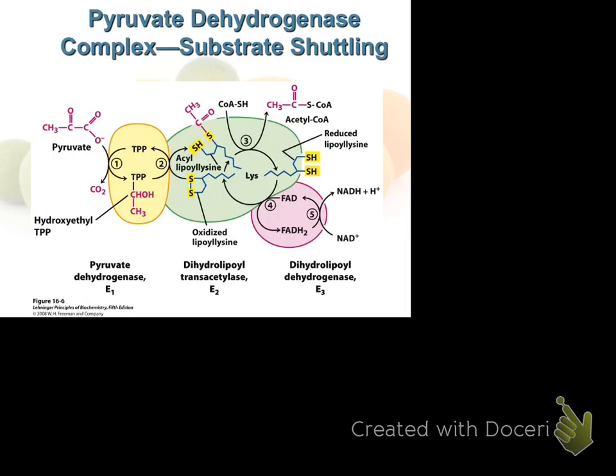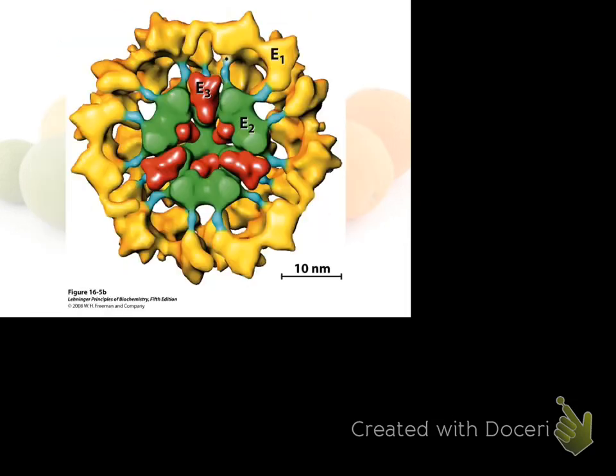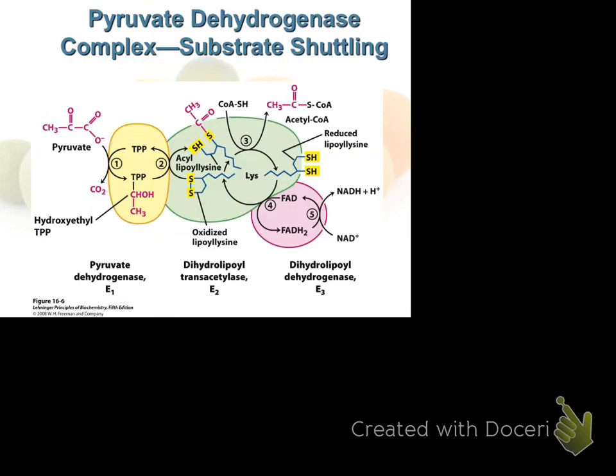So, like the product for the first enzyme, you don't have to worry about the hydroxyethylated TPP leaving, because it automatically goes on and gets transferred over to the lipoic acid.